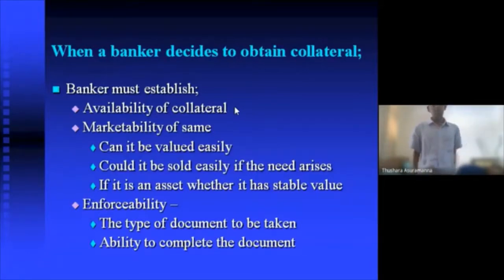What is the issue? You haven't checked it. So that's why availability is very important. Part one. Number two, marketability. Why it is important? Why marketability is important? Any examples? Marketability.